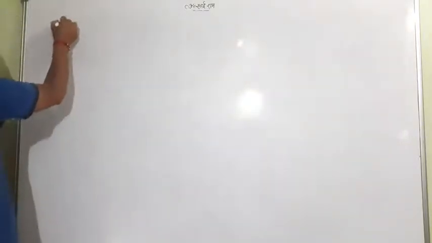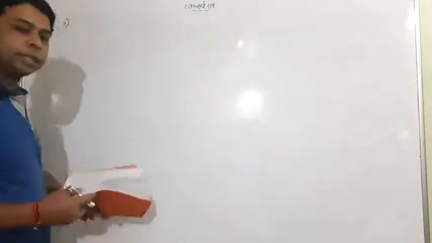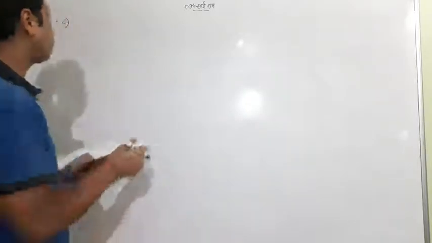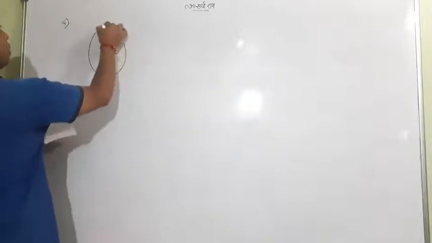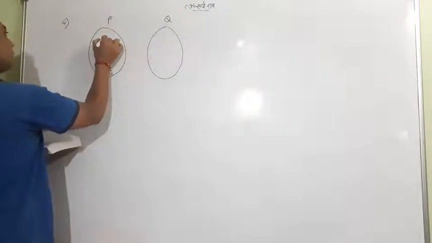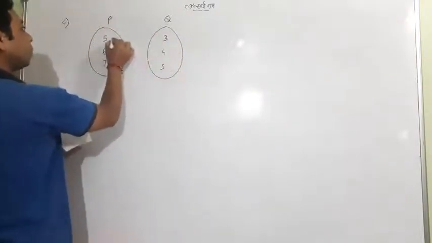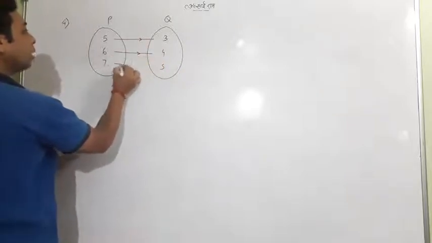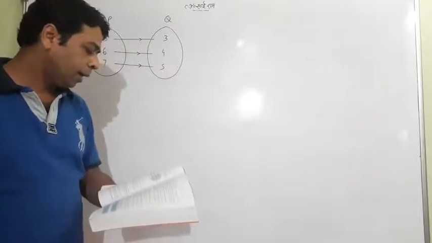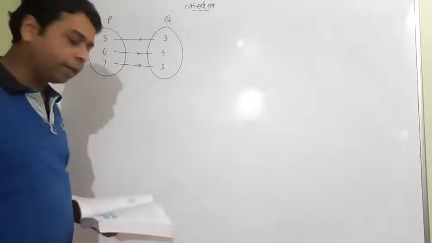Question number 4 is: the figure 2.7 shows a relation between P and Q. This is P and this is Q, with 5, 6, 7 in P and 3, 4 and 5 in Q. The diagram is given, and we are told to find the relation in set builder form, roster form, and find the domain and the range.